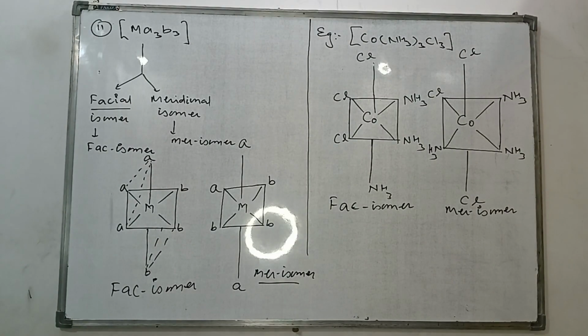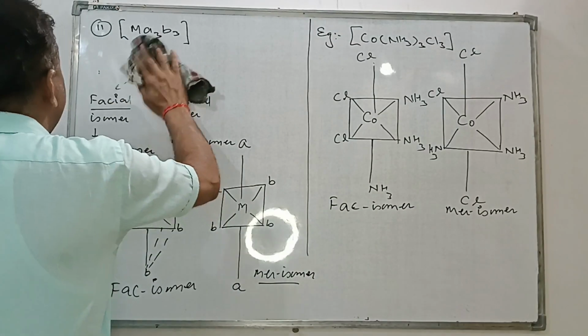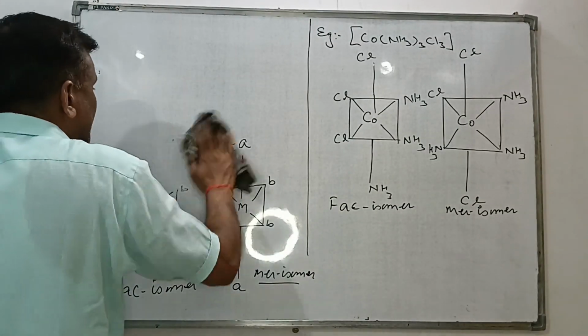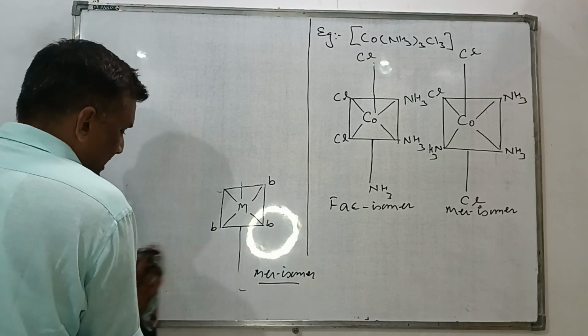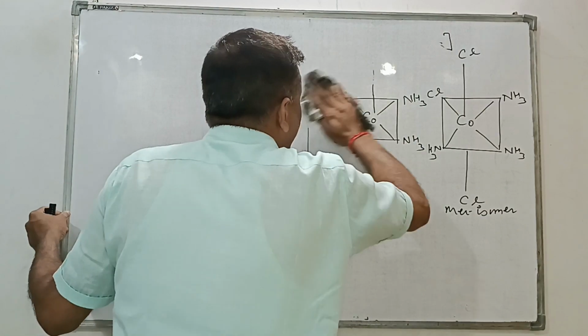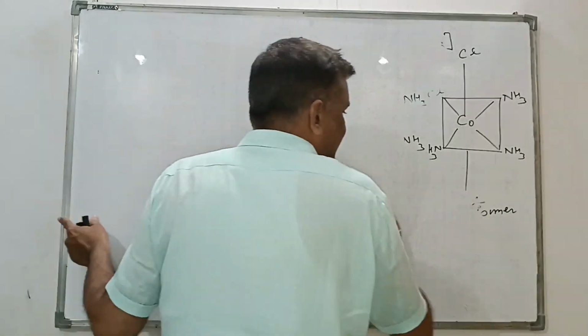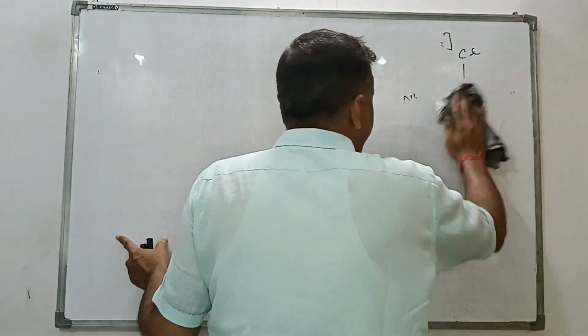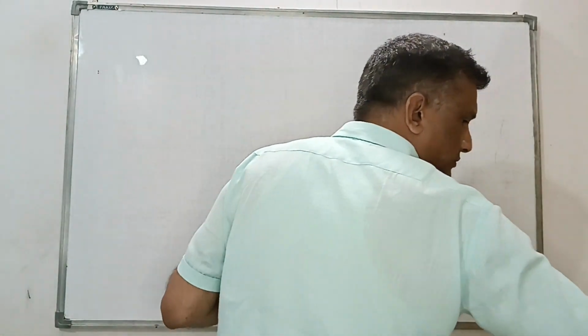Now it's time to discuss your third formula, that is your MAA2B2. What is the meaning of AA and B2? AA is your bidentate ligand and B2 is your monodentate ligand. So being game will go properly.